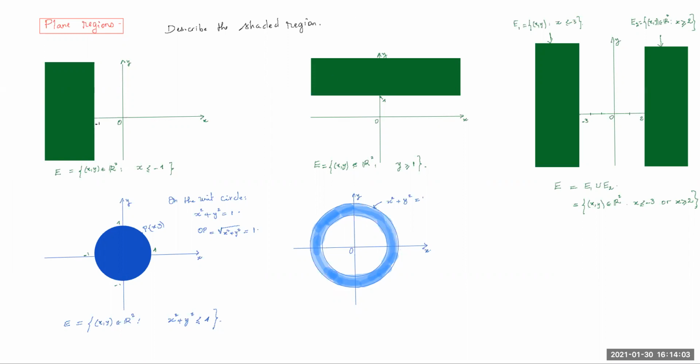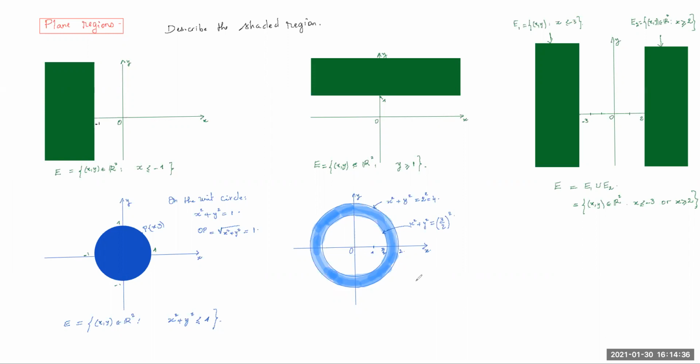This one is 2 units, 2 squared, which is 4. The radius is 2. The inner circle is 3/2, so the second circle is x² + y² = (3/2)².